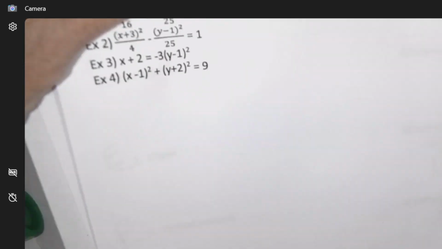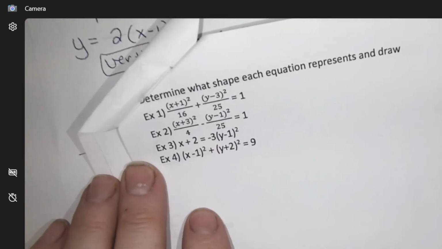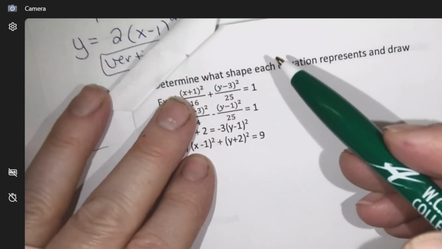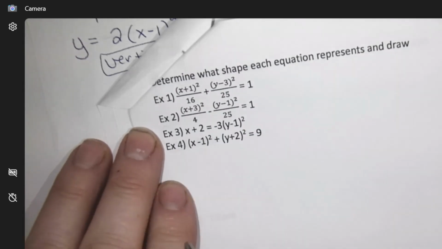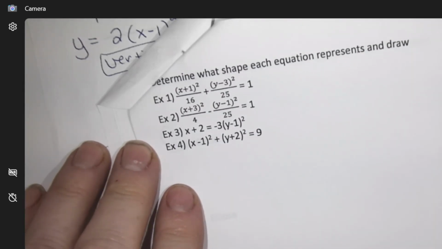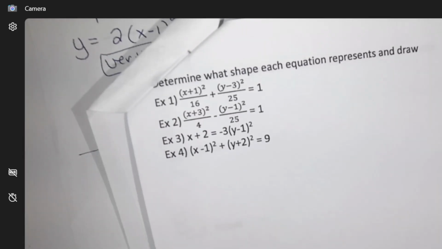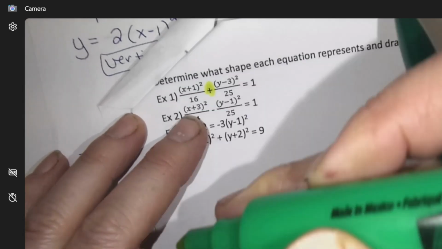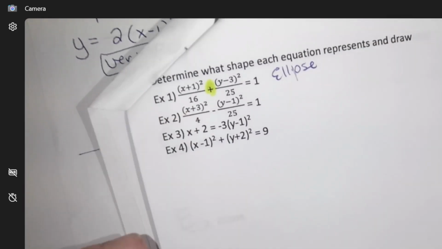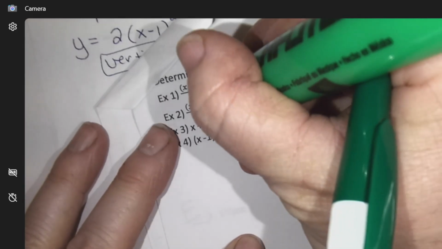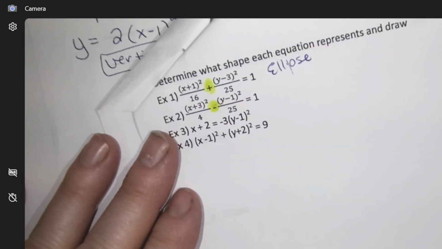Okay, here we go. Let's do one of each shape and then you're on your own. Okay, what kind of shape is number 1 here? There's a plus sign. Plus sign, different things, it's an ellipse. Number 2, there's a subtract sign.